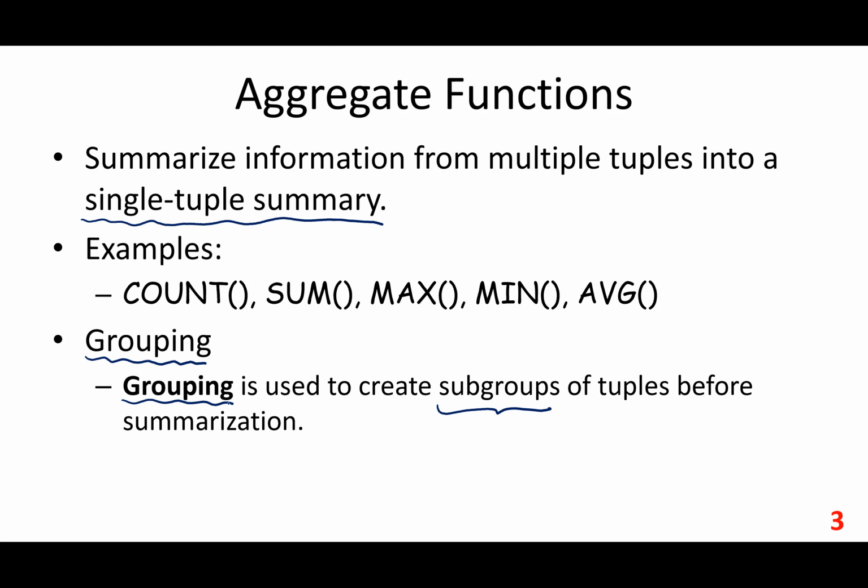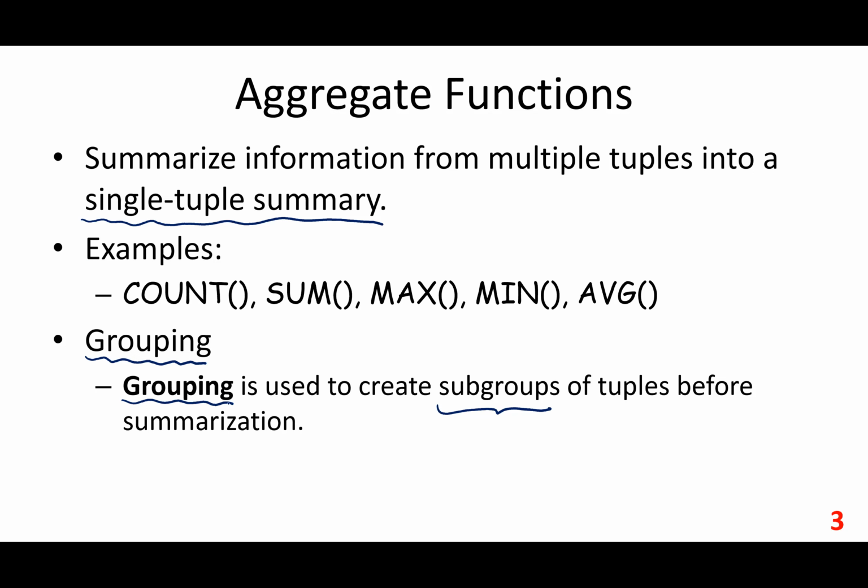Before you apply the aggregate functions, you need to define groups first. The grouping clause tells you how to define the groups, the subgroups. Then you can apply the aggregate functions on each subgroup.